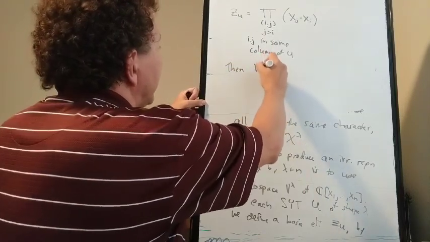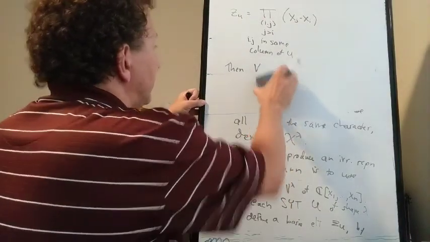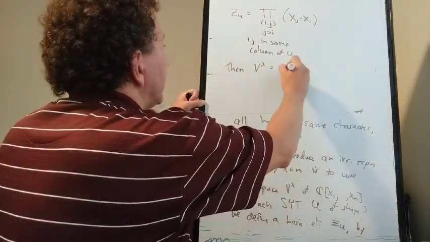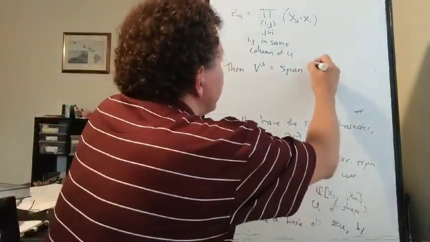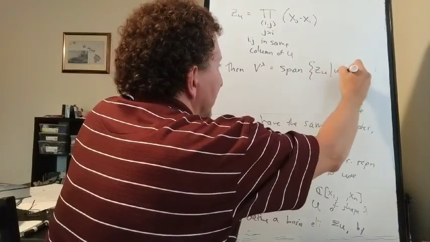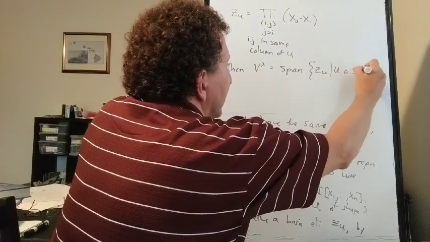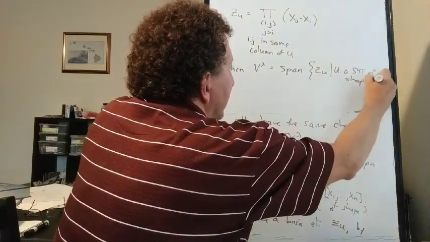Then the vector space that we want, V lambda, is going to be the span of all these elements Z_U, where U is a standard Young tableau of shape lambda.